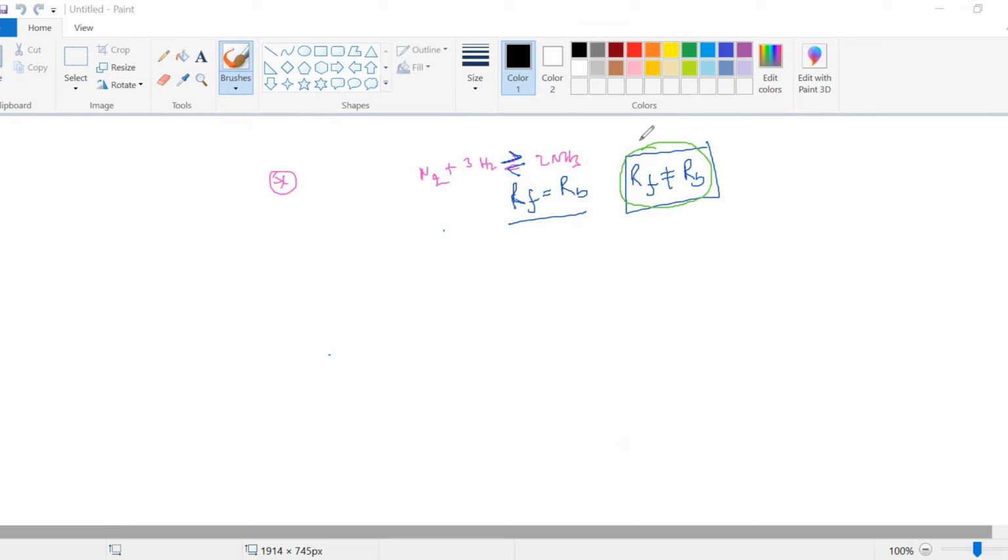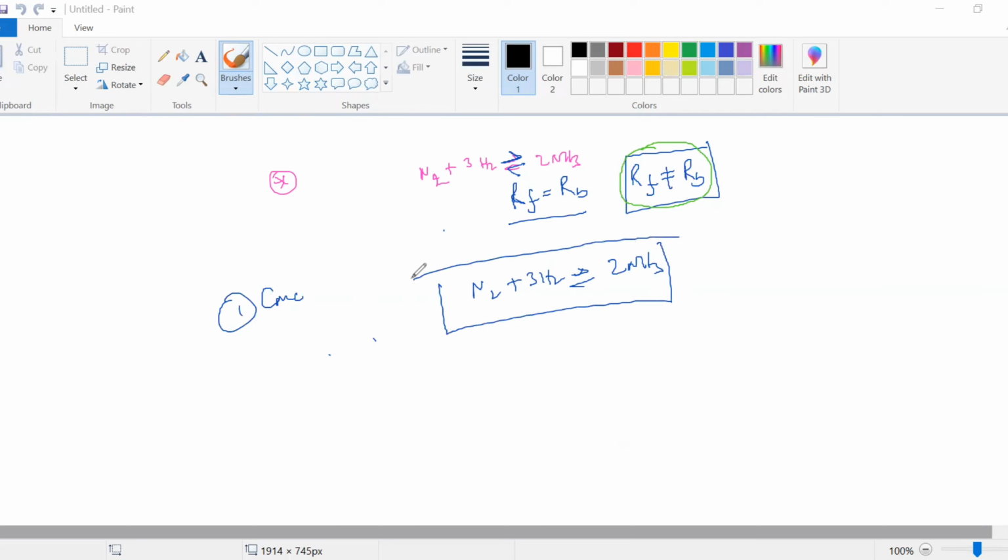Now going to this, suppose we are changing the concentration. Suppose you are taking this reaction, and we lift the hood and add nitrogen from outside.